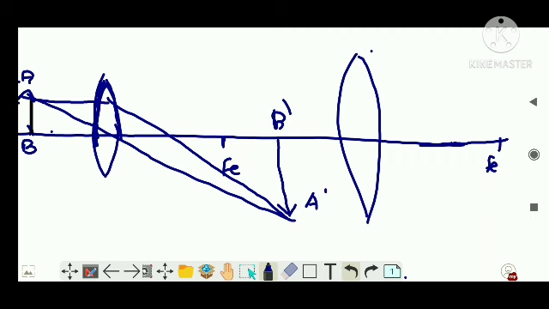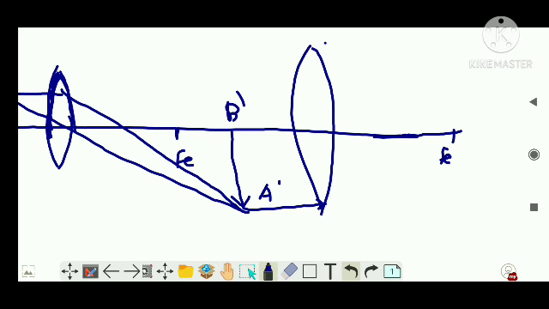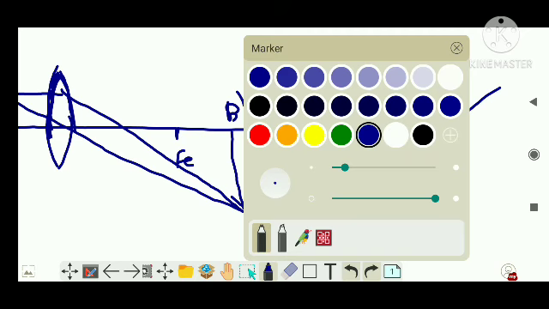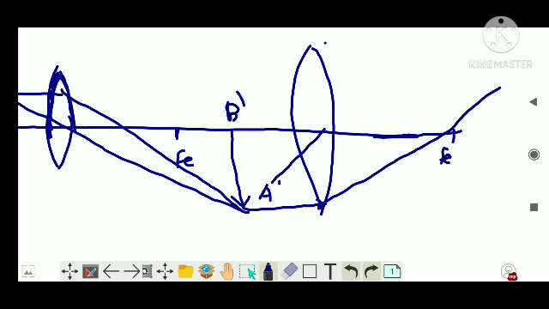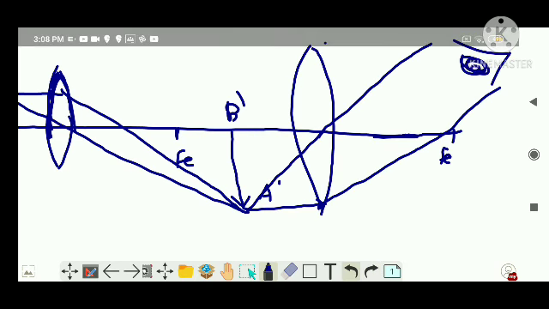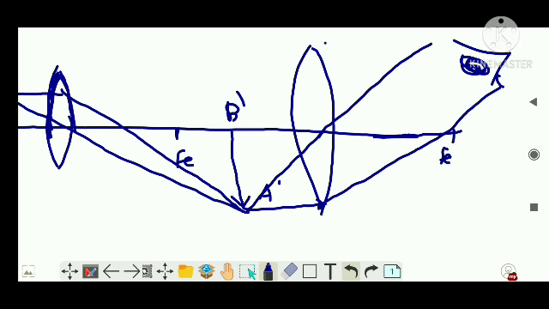Now, just like the previous one, a light ray moving parallel will pass through the focus. Another ray is passing through the optic center. This is what comes to your eyes. So you see that the image is not coming from here.